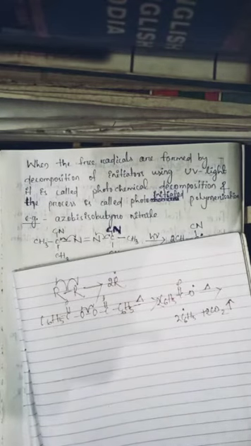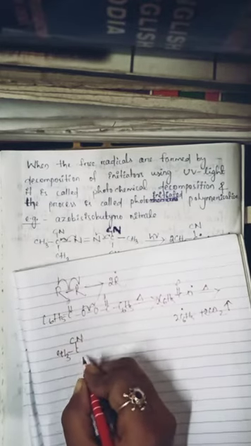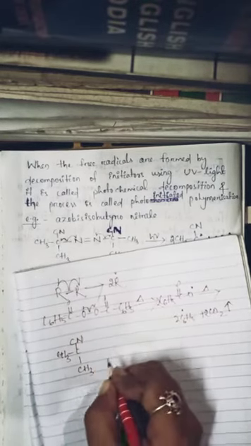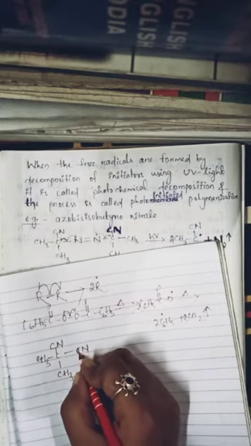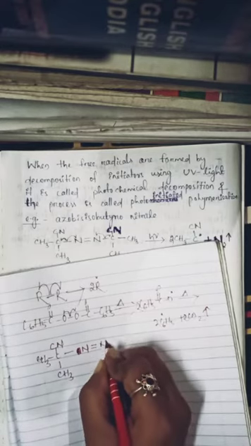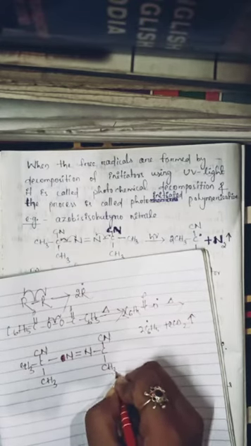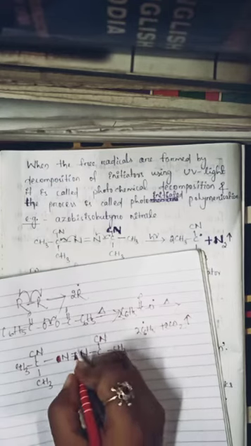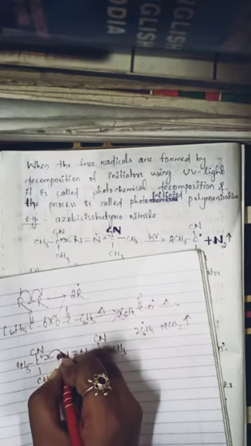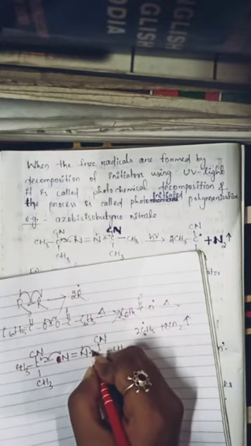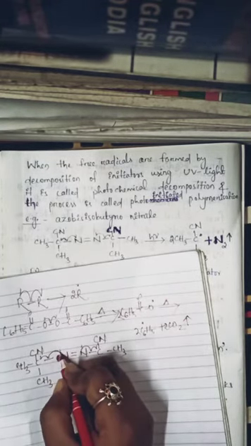Formula: CH3, C, CN, single bond CH3, CN, N double bond N. Here free radical bond formed, and this one. So we get N2 free radical.